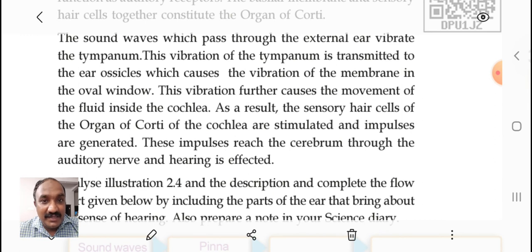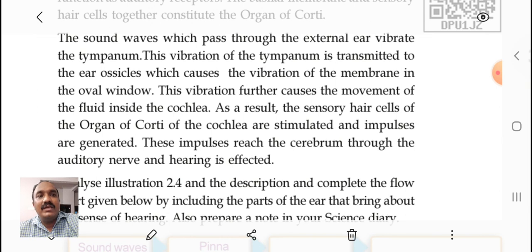Once again: sound waves, pinna, auditory canal, tympanum, ear ossicles. After ear ossicles, oval window, then cochlea, then hair cells or auditory receptors, then what? From there, impulses, then auditory nerve, then cerebrum, sense of hearing.